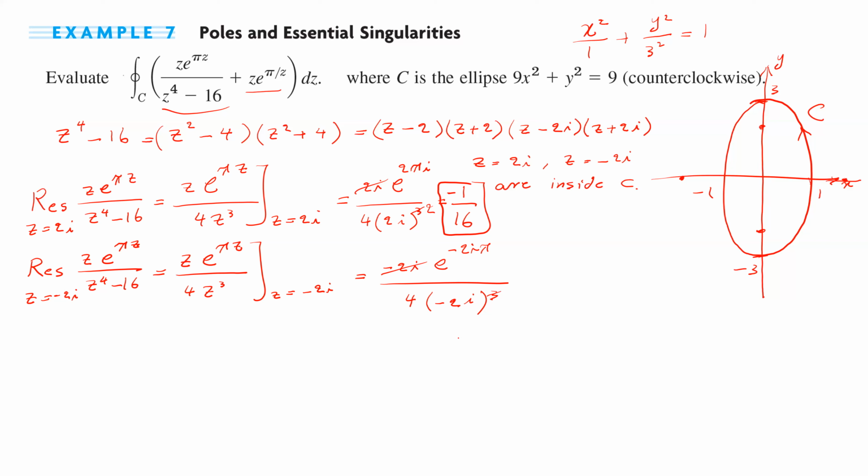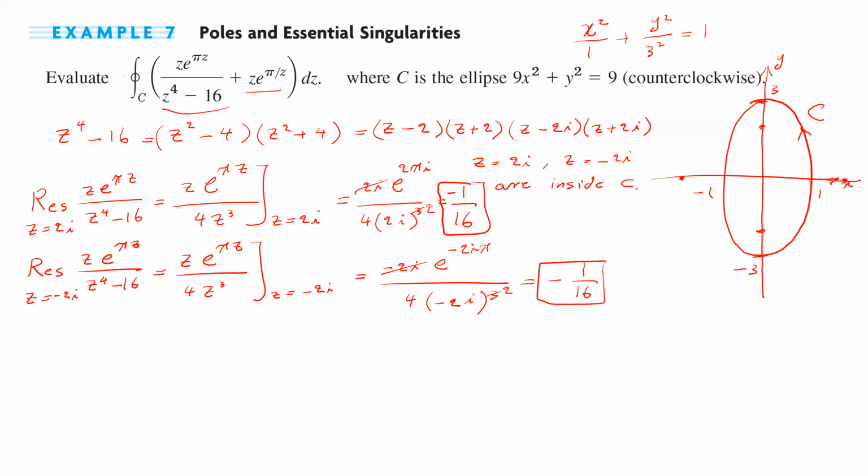So again it becomes negative 1/16, because i squared becomes negative 1. All right. So these are the two residues of the first one.